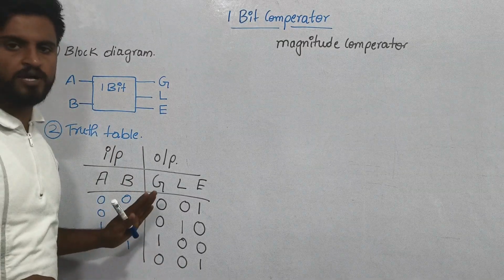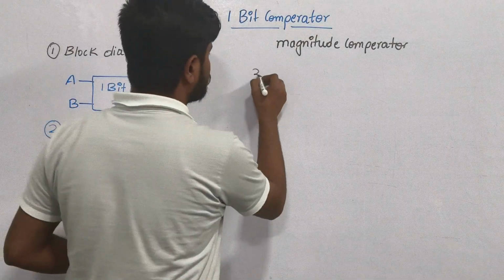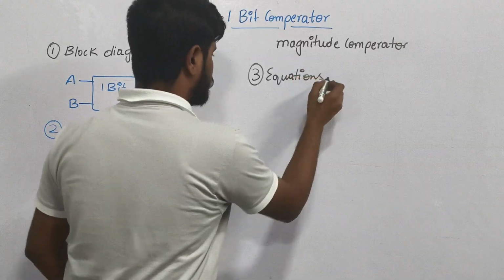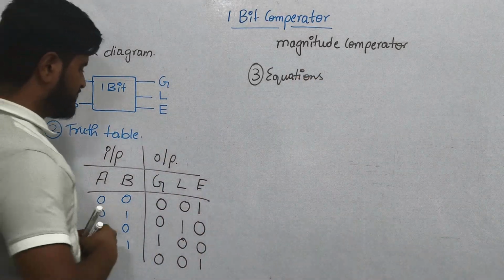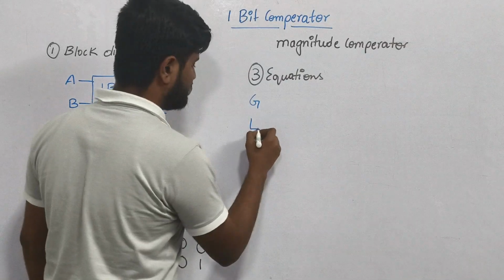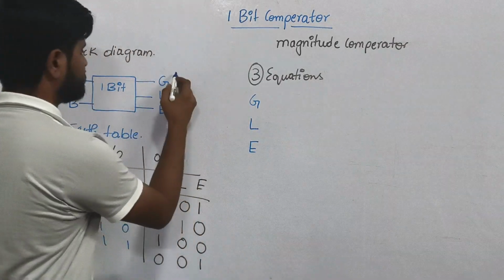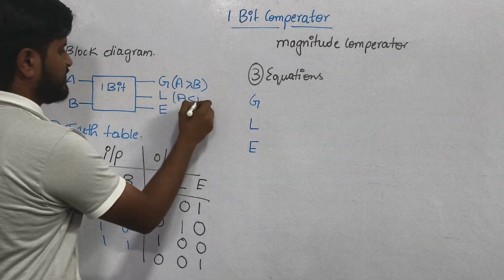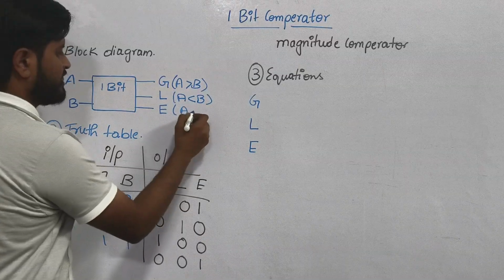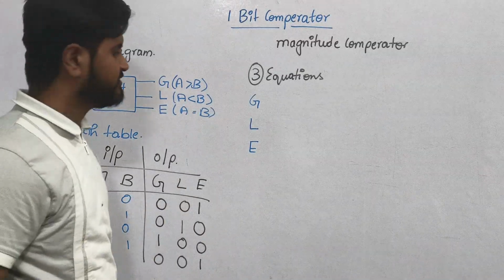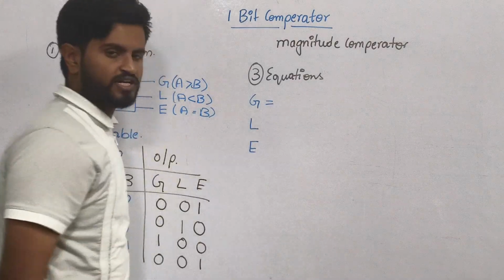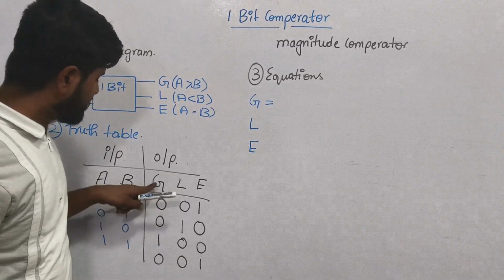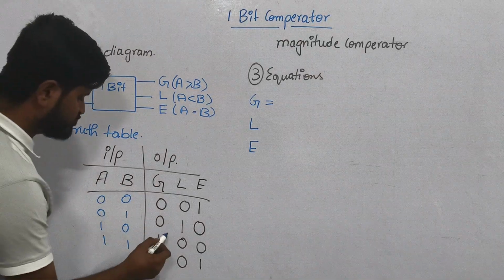Now using this truth table, we will write the equations for the outputs, that is, the characteristic equations. What are my outputs? Greater, lesser and equal. In greater, A is greater than B; in lesser, A is less than B; and in equal, A equals B. Now let's write the equation for greater. In the truth table's output side, wherever the greater value is equal to 1, you must choose that one.